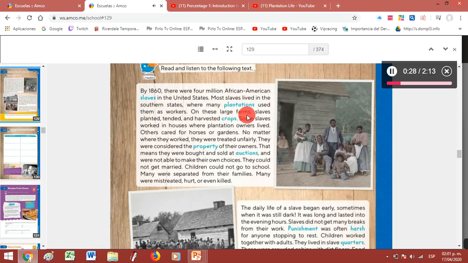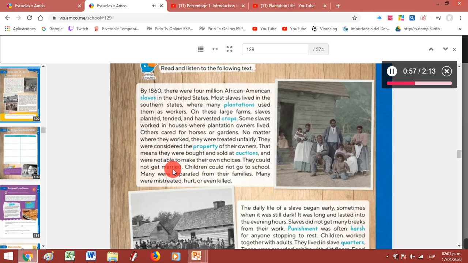On these large farms, slaves planted, tended, and harvested crops. Some slaves worked in houses where plantation owners lived. Others cared for horses or gardens. No matter where they worked, they were treated unfairly. They were considered the property of their owners. That means they were bought and sold at auctions and were not able to make their own choices.